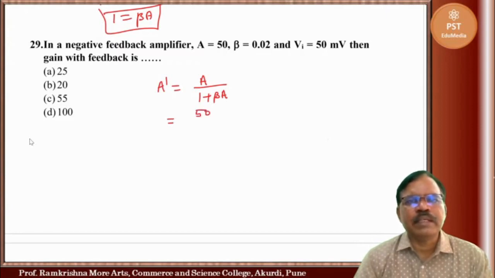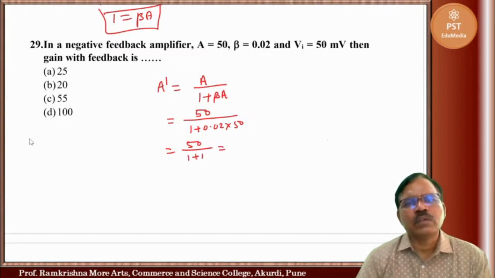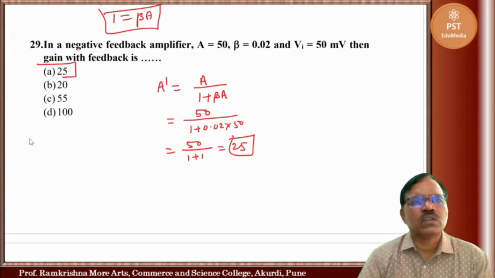A is 50 upon 1 plus 0.02 into 50, so we will get 50 upon 1 plus 1, so it is 25.